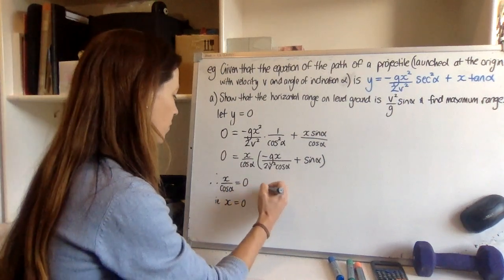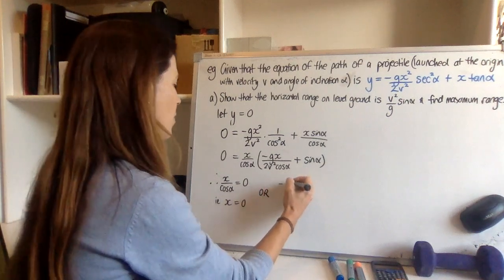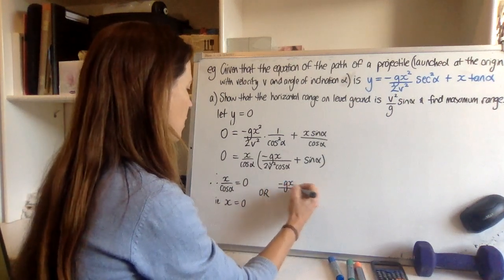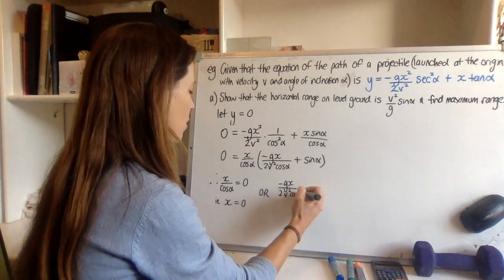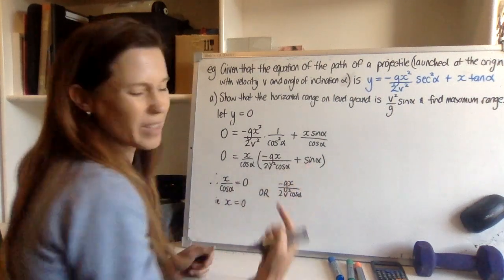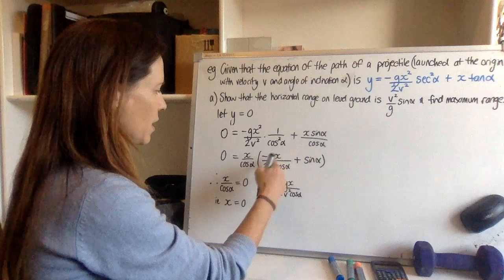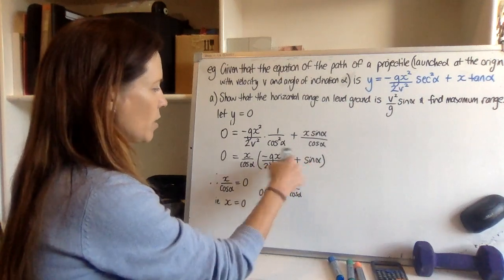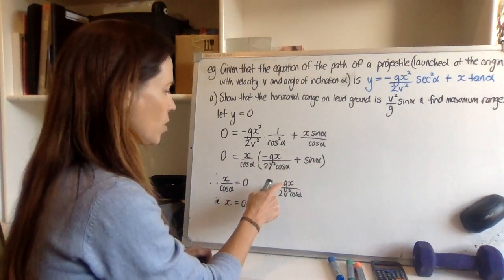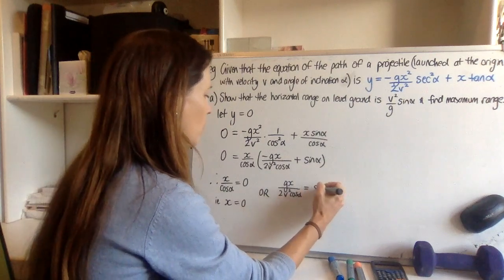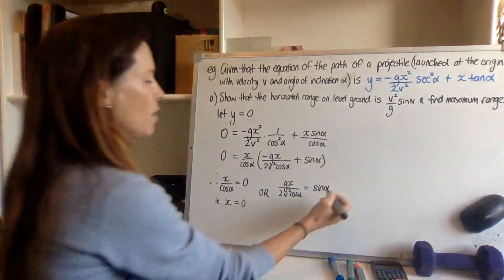Or I've got minus g x over 2v squared cos alpha plus this is equal to 0. Now if these two things are equaling 0 and one's positive and one is negative, I could just say that this is equal to that. That's going to save me a line.